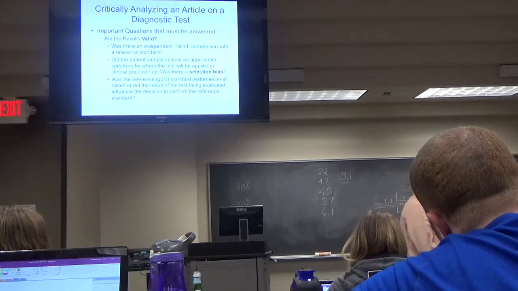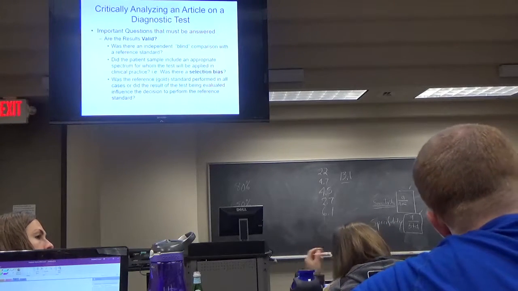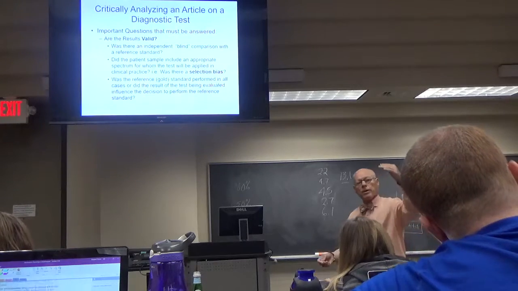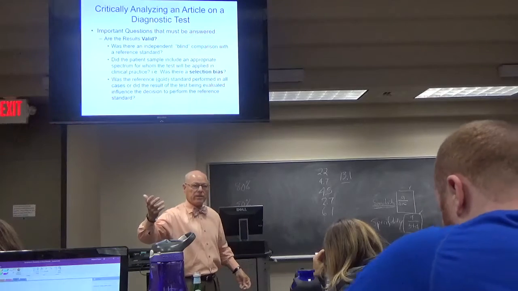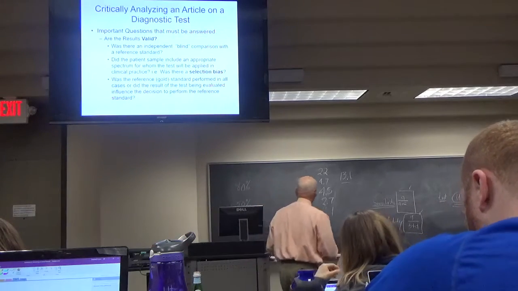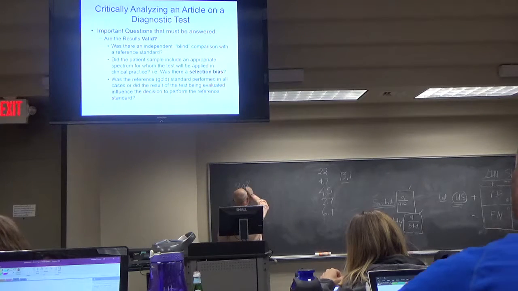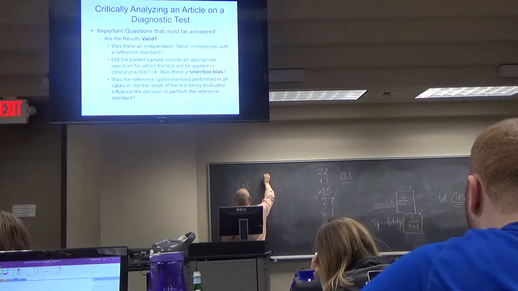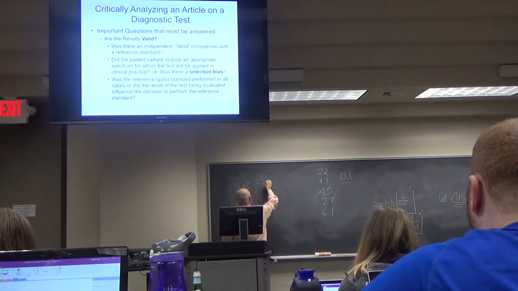So what we've got to do is turn the probability into an odds so that we can use the 2x2 table, so we can use the sensitivity and specificity in the form of likelihood ratios. Okay? You turn a probability into an odds by taking the probability and dividing it by 1 minus the probability.